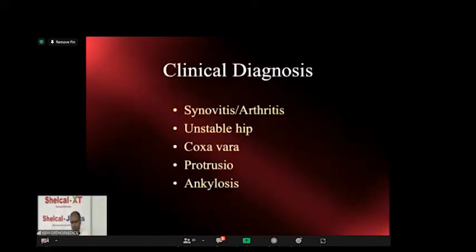So finally, what you do? Finally, you give a clinical diagnosis. So your examination findings should pertain to telling whether it is a synovitis or an arthritis, whether it is an unstable hip, whether it is a coxa vara, or a protrusio or ankylosis. Your diagnosis should fall into one of these.